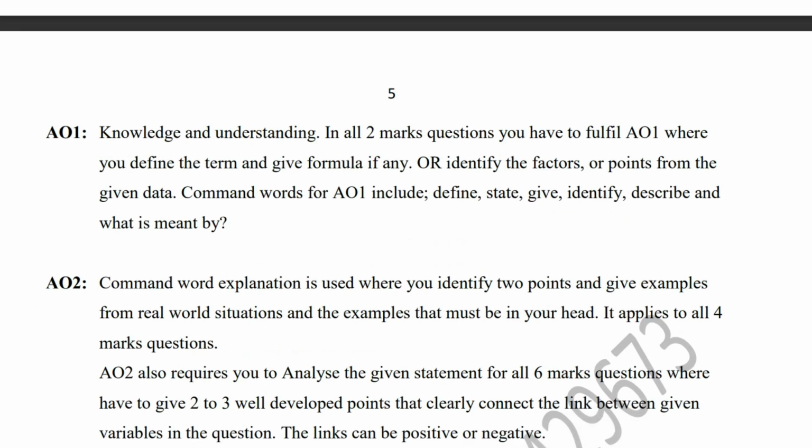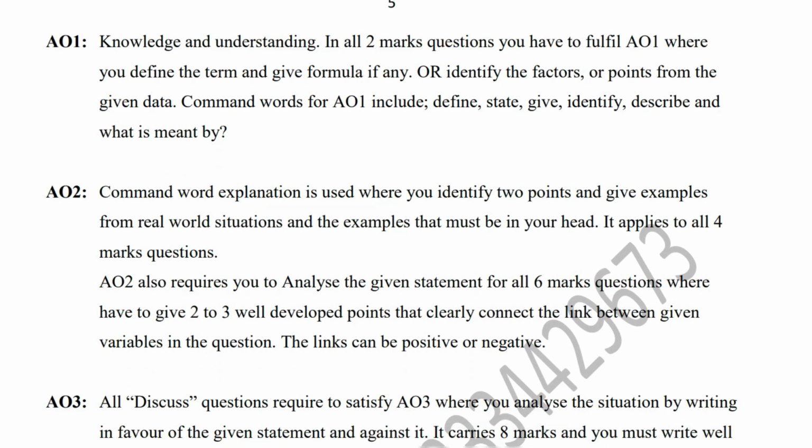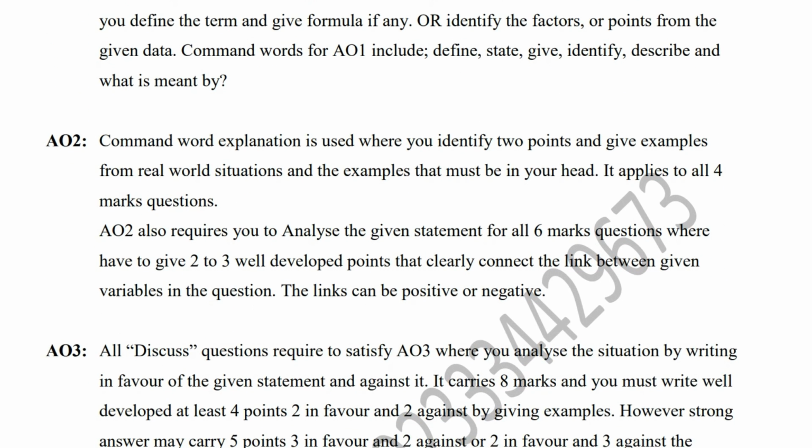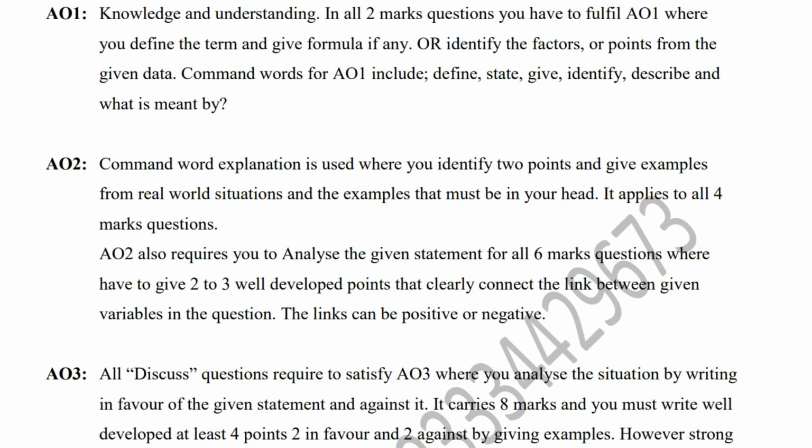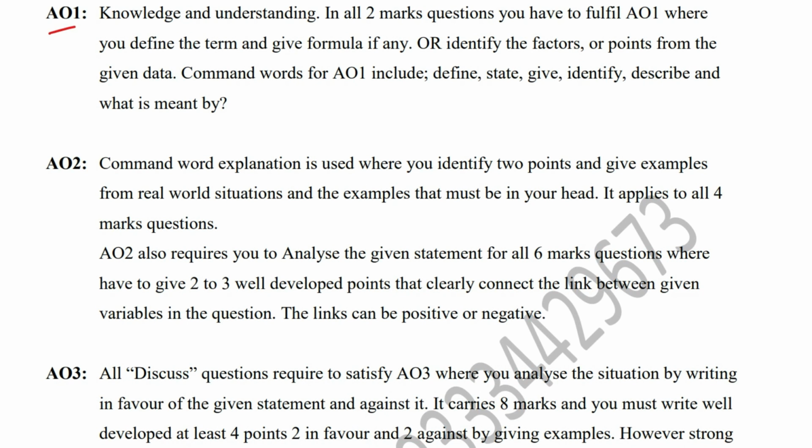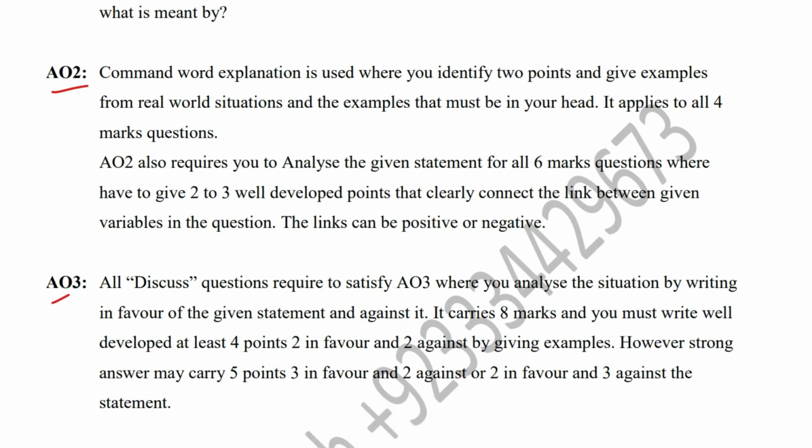some important command words and some assessment objectives as well. So there are 3 assessment objectives: assessment objective 1, 2 and 3. Assessment objective 1 is you have to give only knowledge, and knowledge includes basic definition or formula or identifying the factors.